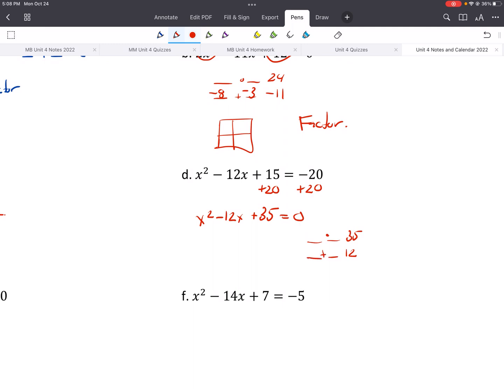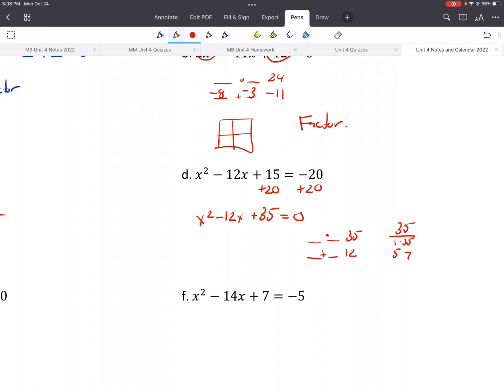I don't think so. So things that multiply to 35 would be 1 and 35. 2 doesn't go into it. 3 doesn't go into it. 5 does. 5 and 7. And I think that's it. Oh, 5 and 7. That could work, right?